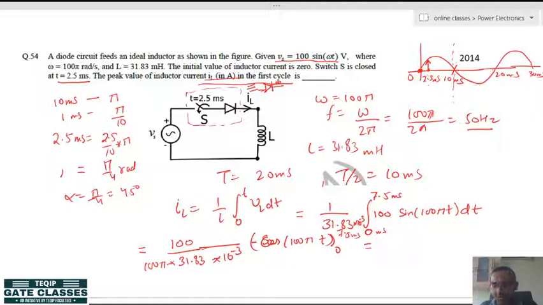If you calculate it, you will get 1 upon 31.83 pi into 10 power minus 3 into cos 0 minus cos of 100 pi into 7.5 milliseconds.